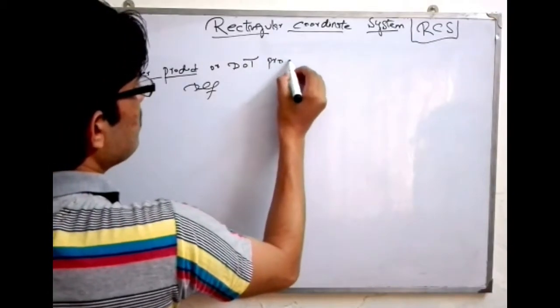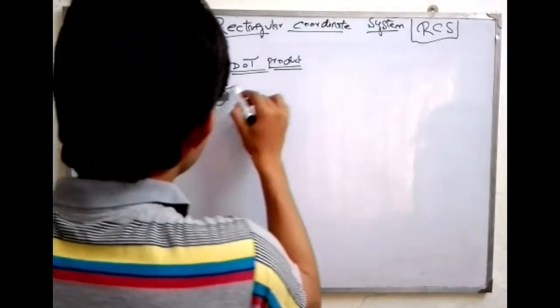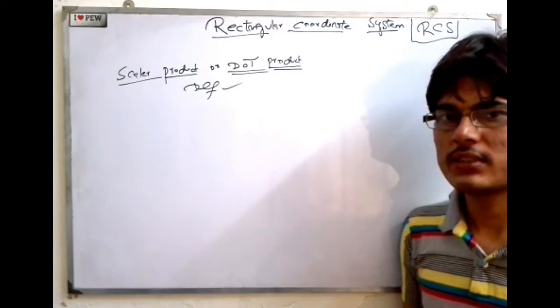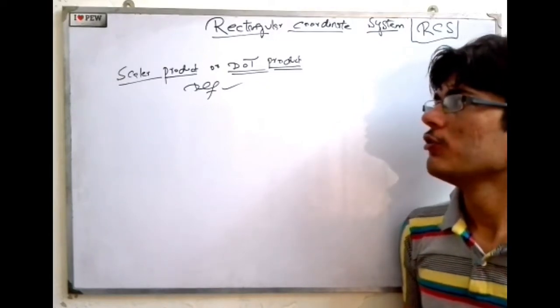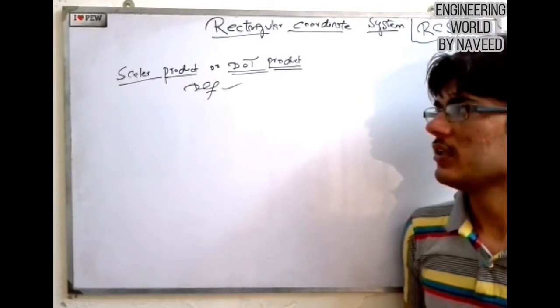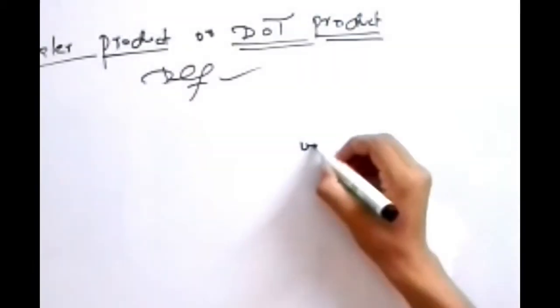A scalar product may be defined as such a type of product which results in a scalar quantity, like work.